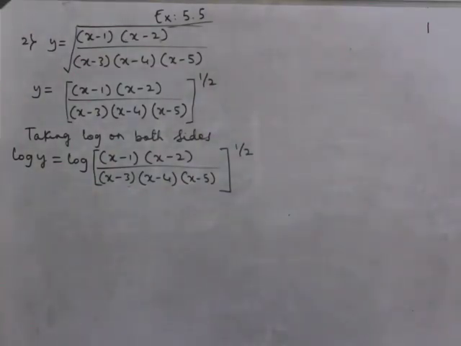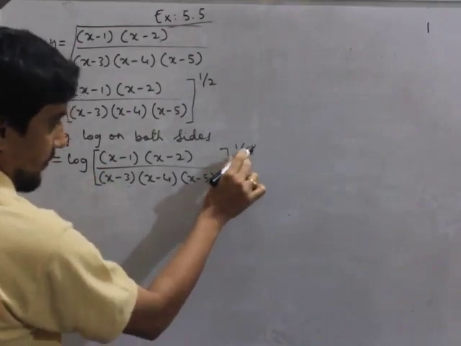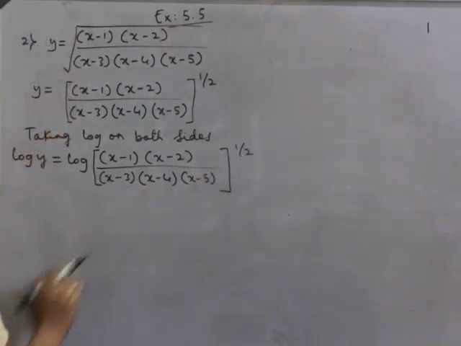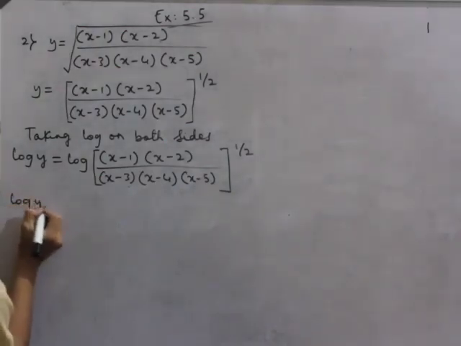now use the logarithmic rule: log of a to the power of m. If you have log of a to the power of m, we can write it as m log a. Now this entire thing is a and this is m. So log y, we are not going to do anything with log y. Write log y as it is.